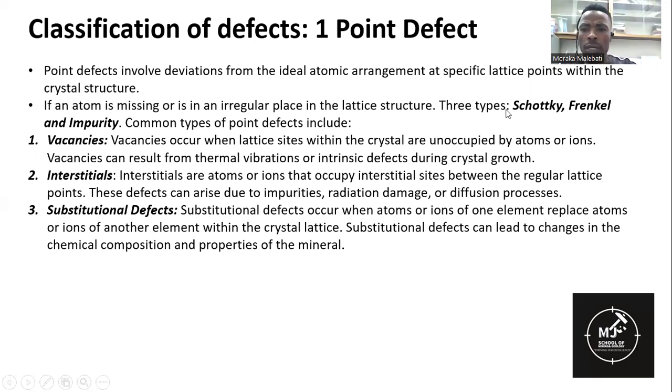We've got three types: Schottky, Frenkel, and Peierls. The more common types include the vacancies, interstitial, and substitutional defects. These words are self-explanatory: vacancy is more about the space, interstitial is within the pore spaces, and substitutional is where something gets out and the other thing gets in.